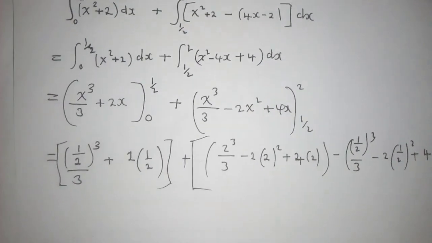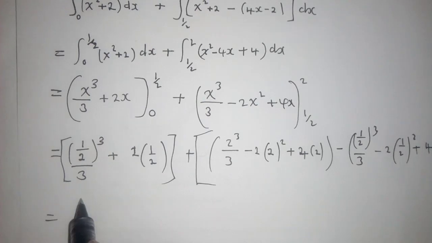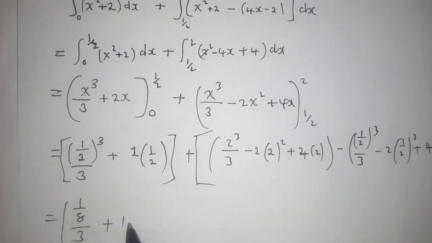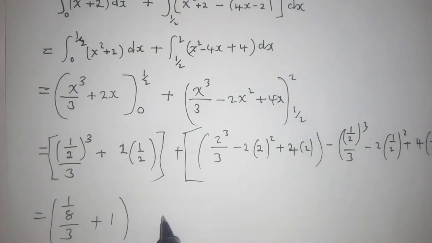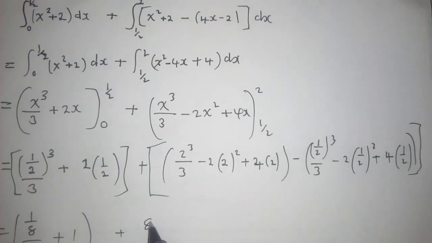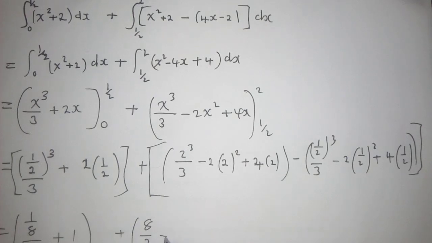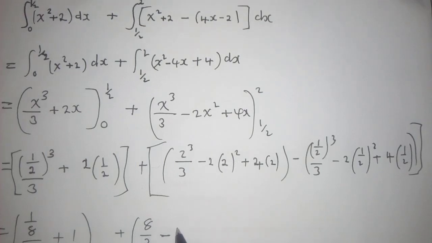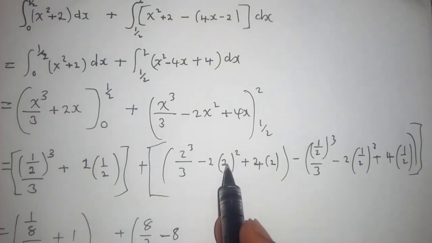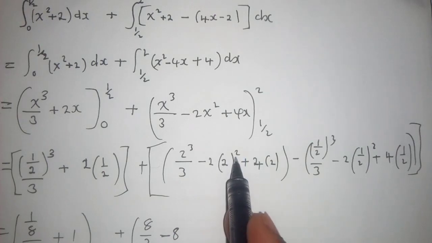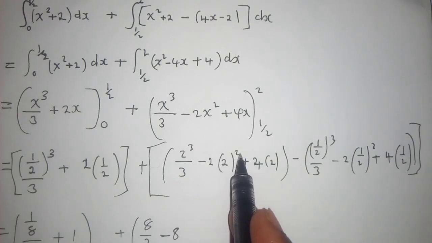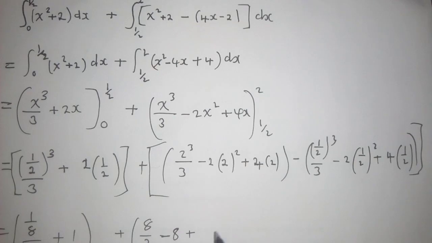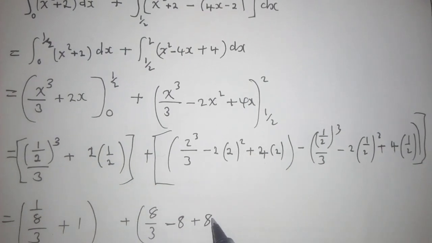Now we can clean up. Here we have 1 over 8 over 3 plus 1. Here we have 8 over 3, plus here it's 4 times 2, it's 8, plus here it will be 8.